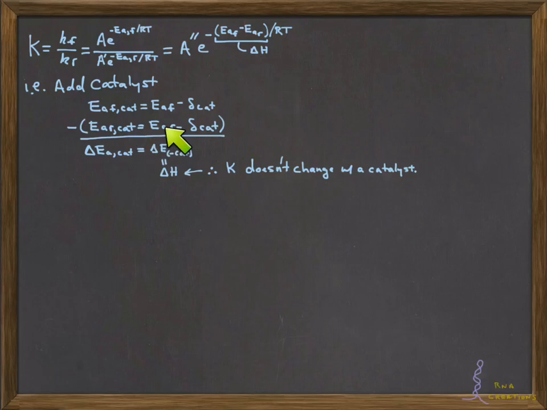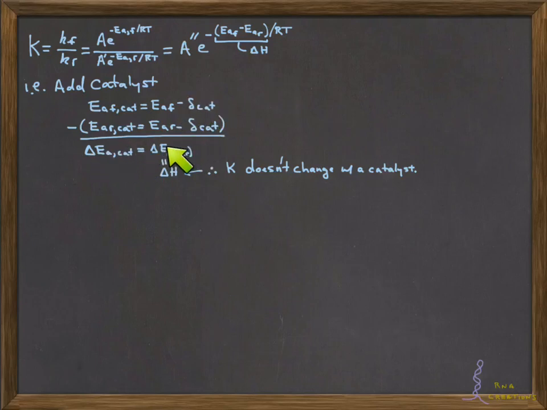And so if we just then subtract this equation from the top one, we're left with delta E sub A for the catalyzed reaction, which is simply E sub A forward minus E sub A reverse for the catalyzed reaction, is exactly equal to delta E for the uncatalyzed reaction, because this term, which was the lowering of the activation barrier, is exactly the same for the forward and the reverse, and so it cancels out.